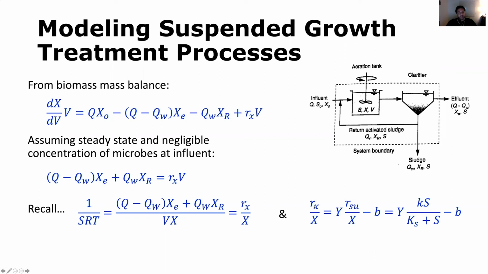And we also know that RX over X is equal to Y times the substrate utilization rate over X minus B, which is Y times k S over Ks plus S, the Monod term, minus B. So we've got these two equations which are both equal to RX over X. Just to note, in this system, as configured, sludge is being wasted. Sometimes that's referred to as XW for waste sludge, and sometimes as XR because it's the same concentration as the return activated sludge. So XR is equal to XW.